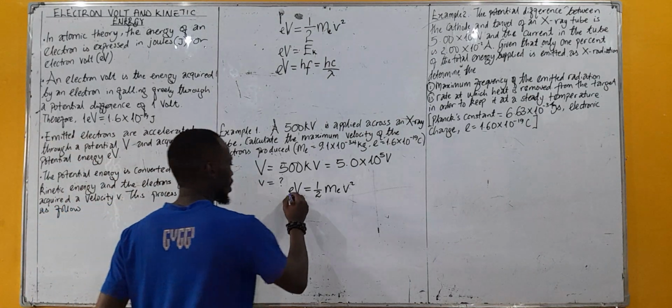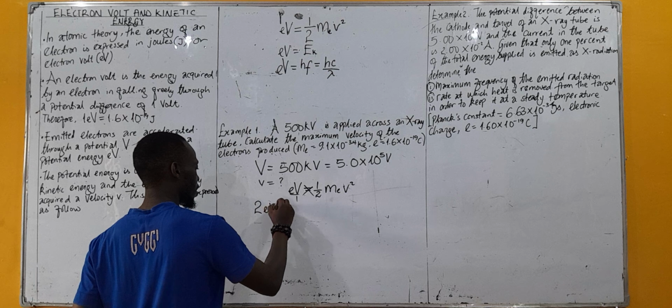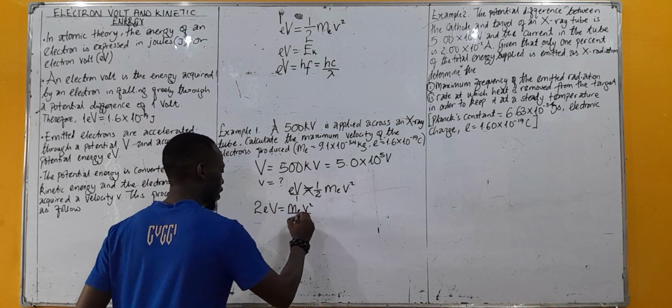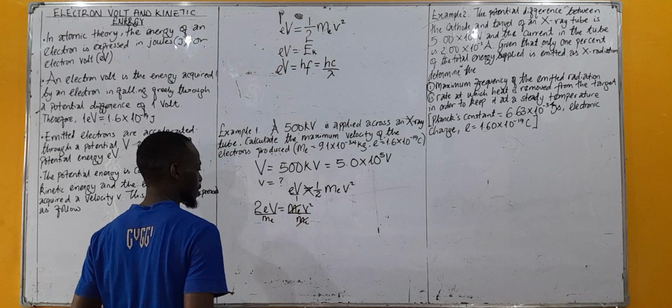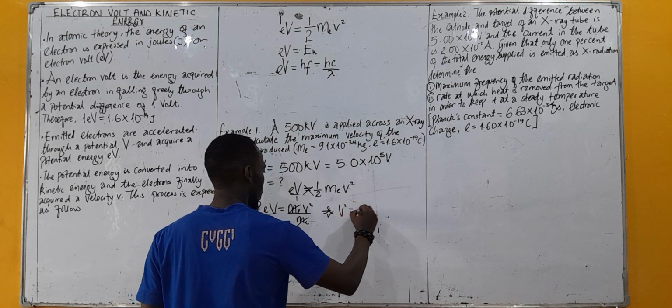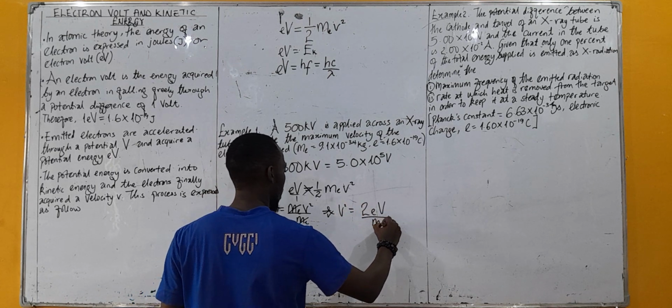How do we do that? I cross multiply. So I'll be having 2eV equal to m_e v squared, over m_e over m_e. This takes away this. Now I'm left with v squared equal to 2eV over m_e.